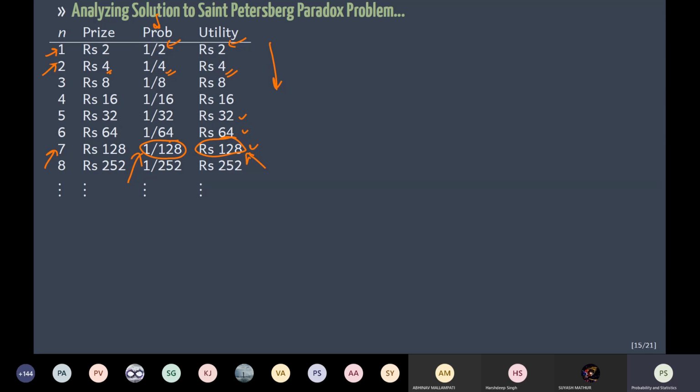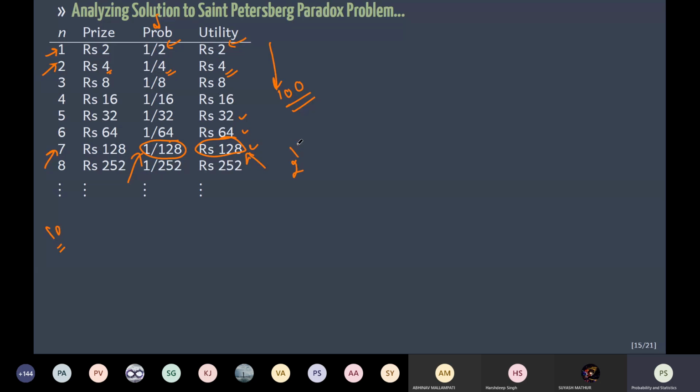So according to this, you are playing a little bit with your chance, because who knows, you may have invested 100, but the game went up to, let us say, the 10th trial.